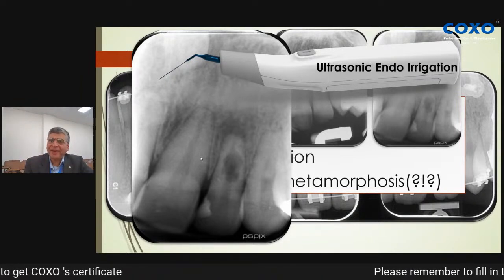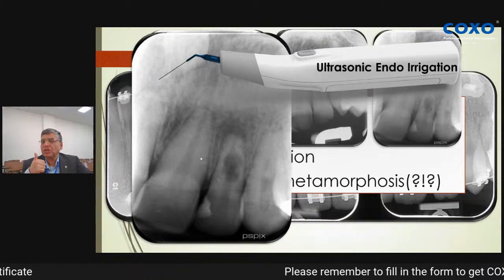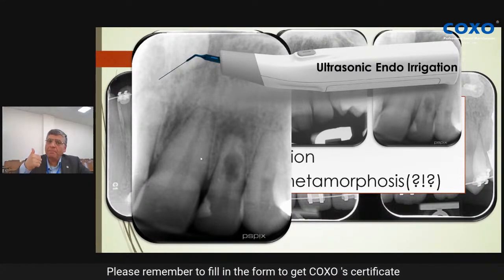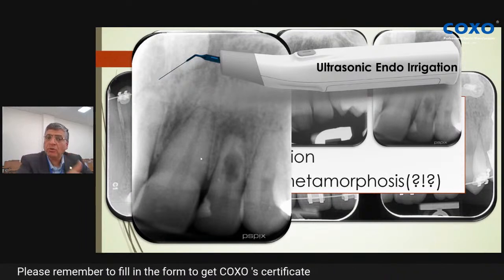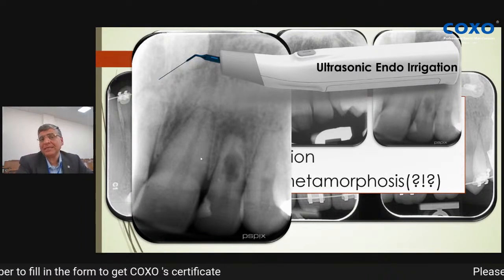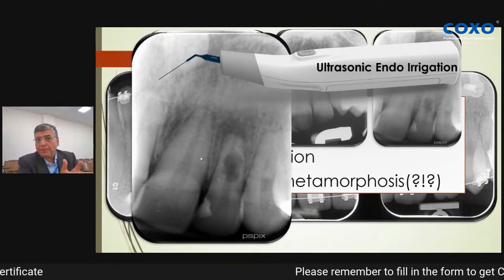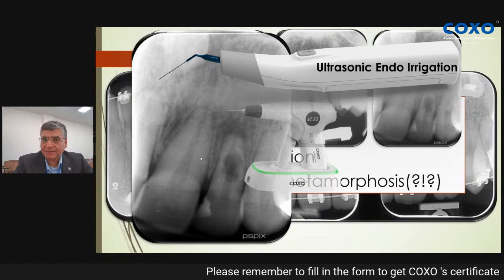Because if we activate it inside the root canal system, especially when we use sodium hypochlorite or EDTA, we may kill those resorptive cells inside the root canal system and stop the internal resorption process.